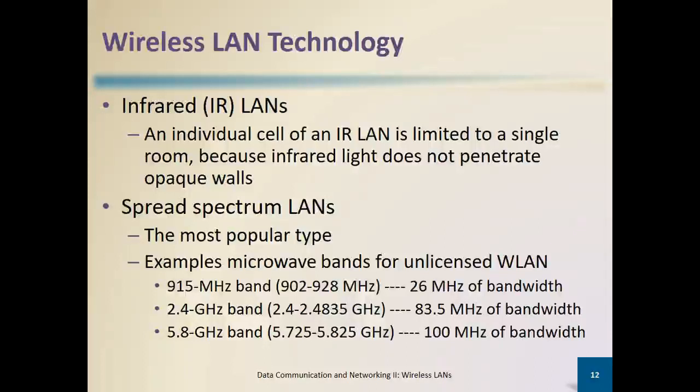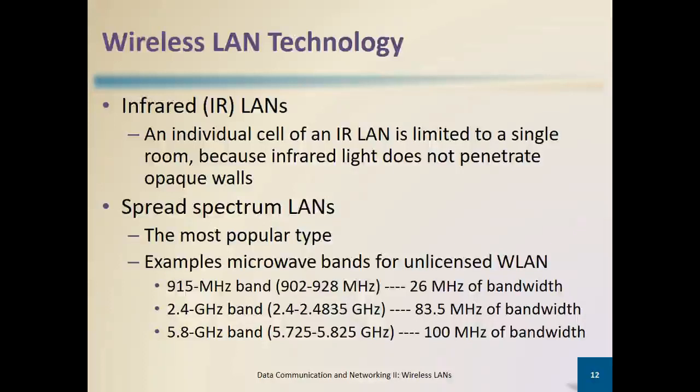In terms of band frequencies for the unlicensed ones, we do have the 915 megahertz band, which ranges from 902 to 928 megahertz, with a maximum bandwidth of 26 megahertz.